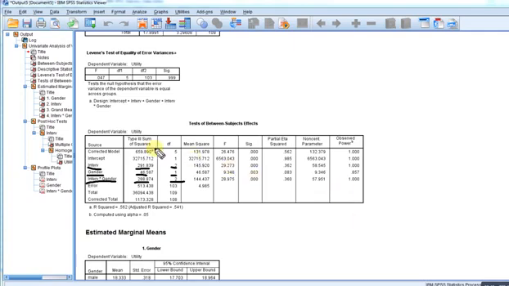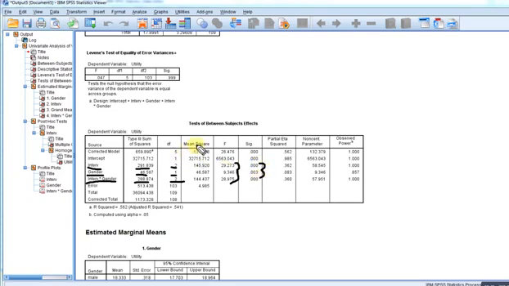Basically, what we're trying to do is determine which, if any of these, or all of them for that matter, are statistically significant. So we essentially are looking at the F-test for each of these effects.